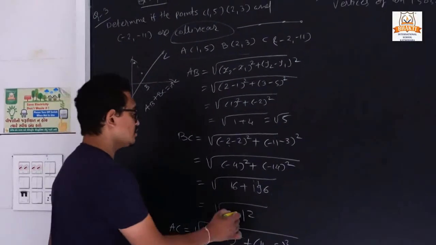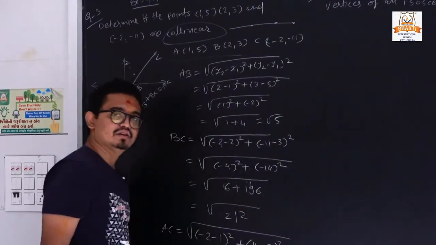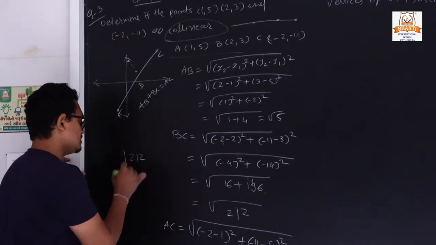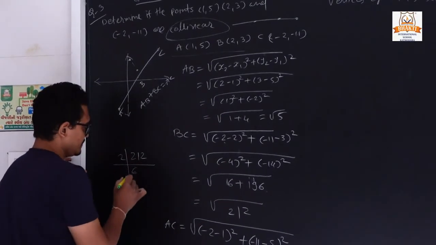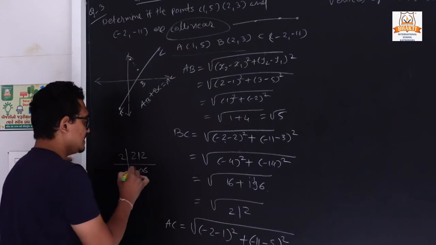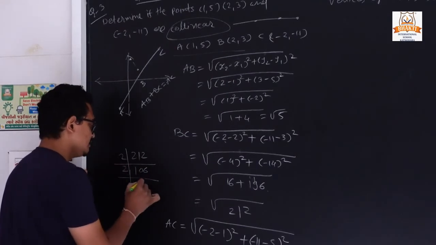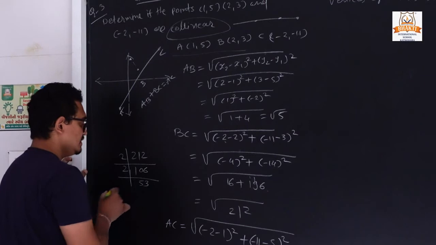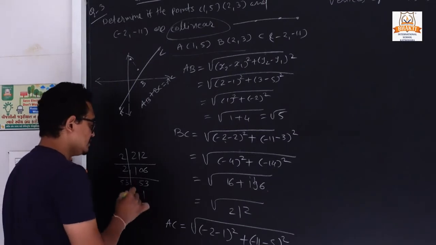See that here we have under root 212. We can also write 212 as, 2 ones are 2, 106. Once again, here we have 53, and 53 ones are 53.